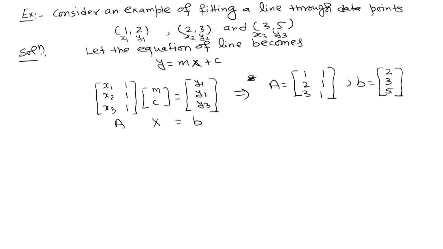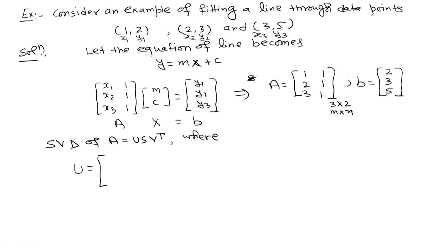If I perform the SVD of A, then the matrix A can be written as U S V transpose. Here the matrix U will be a 3 by 3 matrix, because A is M by N, that is 3 by 2.